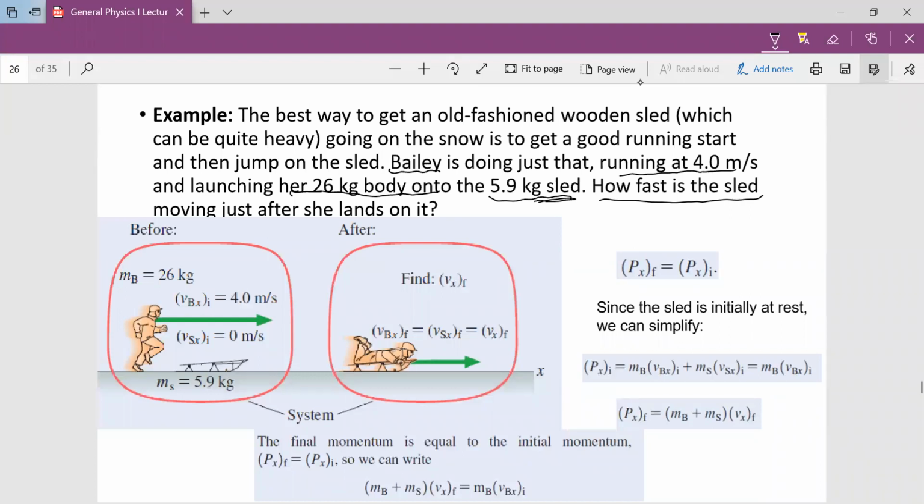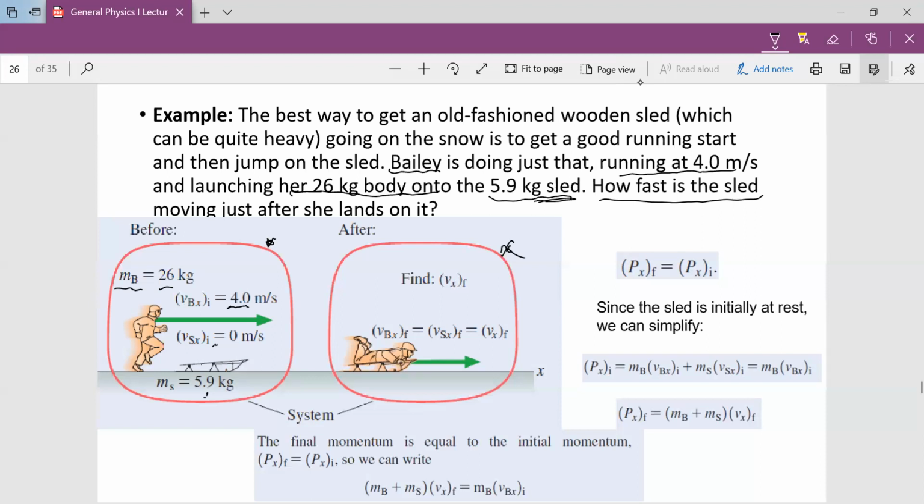So first we picture the system before and after. She ran, this is her body weight, 26 kg as given in the question. She was running at 4 meters per second, which is her initial speed, but the sled is not moving, so the initial velocity of the sled is 0, and the mass of the sled was given to us. So I've identified the before condition, listing our parameters.